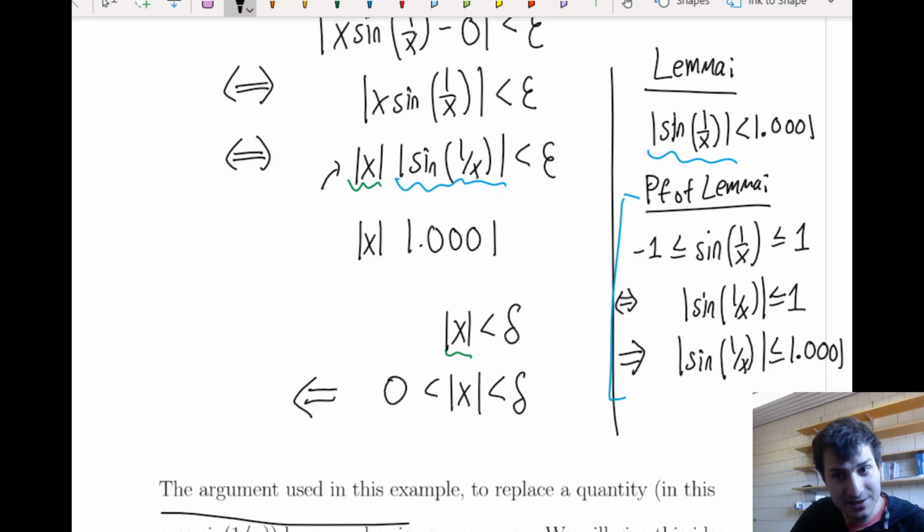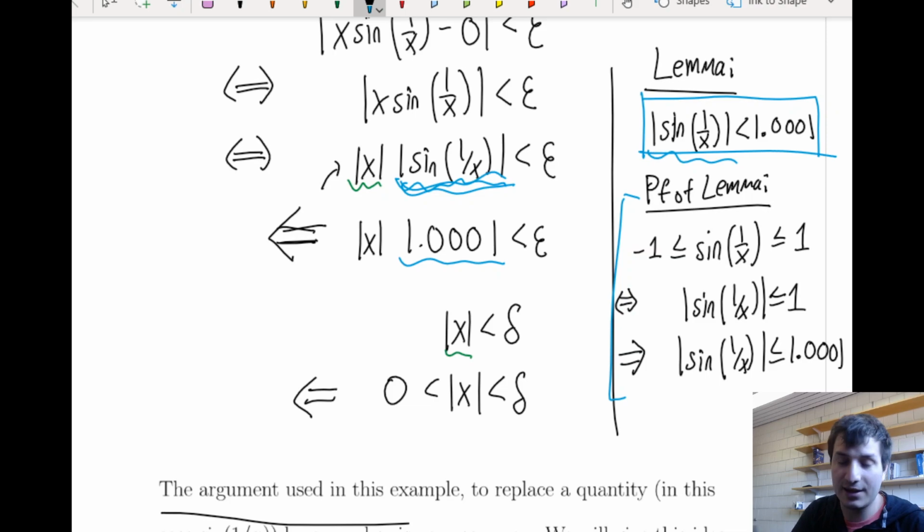If this stuff is always less than this stuff, then this stuff will be less than epsilon whenever that stuff is less than epsilon. So we can replace the absolute value of sine of 1 over x, the thing I'm underlining in blue, by 1.0001, because we know that it is always less than 1.0001.